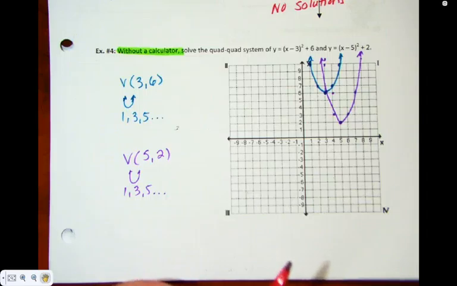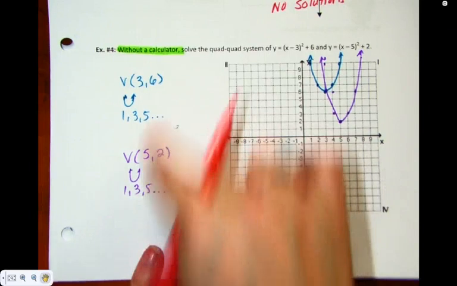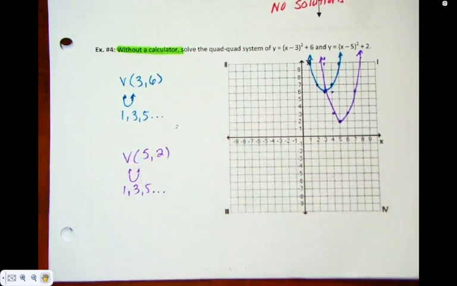Now what? Except they're the same width, so they're going to go up almost parallel to each other. Because the widths are the same. If the widths were opposite, they would cross way up top somewhere, but this one they won't.